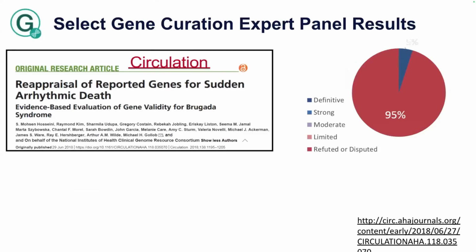So how is this used in everyday work? Are people uptaking our frameworks here? This is a select, kind of sexy example from one of the GSEPs where we had a Brugada syndrome expert panel. A lot of times the testing panels in the past were really just like a McDonald's meal, more genes, bigger value, which is not necessarily the best, because then you just end up with all these variants of uncertain significance because there are no legitimate gene-disease relationships.